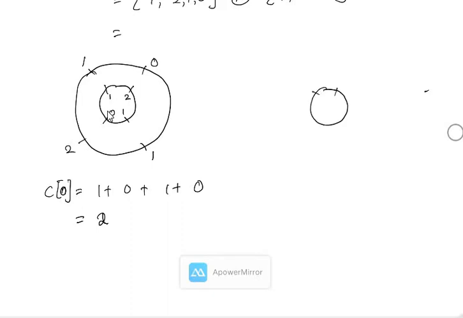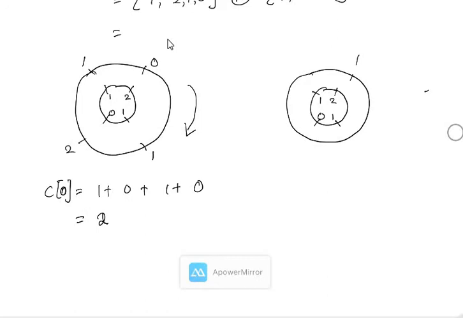And then the second one, you still keep the inner circle with no move, you only move the value of the outer circle. Remember it rotates clockwise. So just now the value is 1, 2, 1, 0. I move it clockwise.